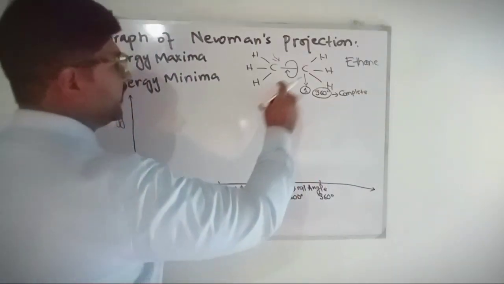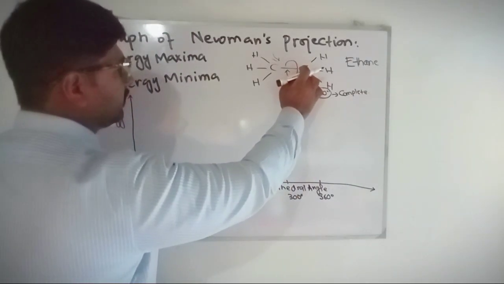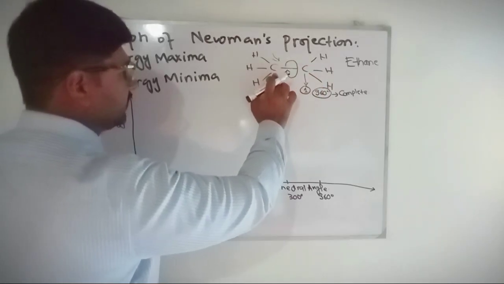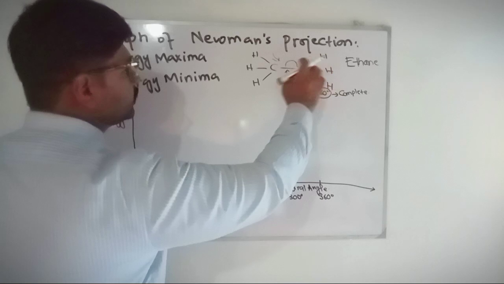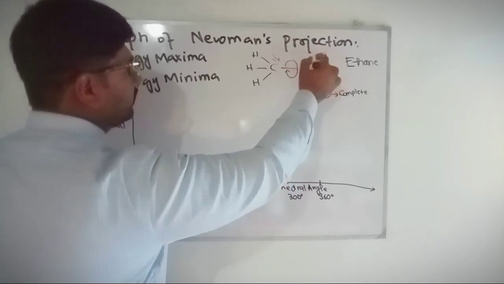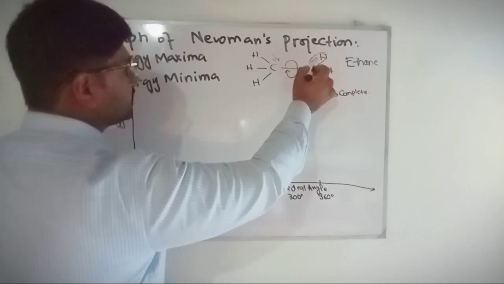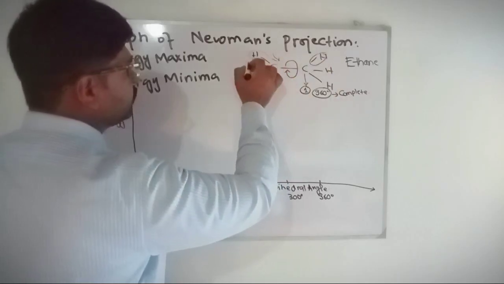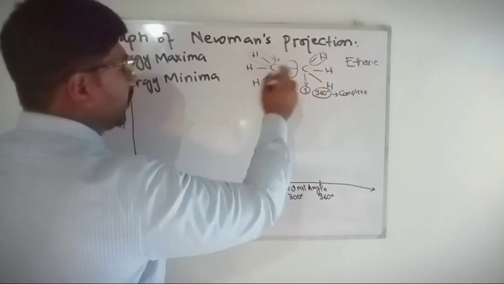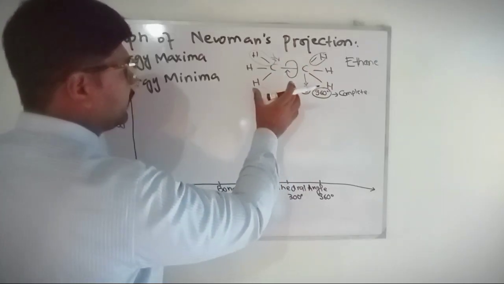Now you can imagine that one carbon is rotating while the other carbon is static and is not rotating. So when this carbon atom rotates, these hydrogen atoms will have a certain angle with respect to those hydrogen atoms, and it will be called a dihedral angle.